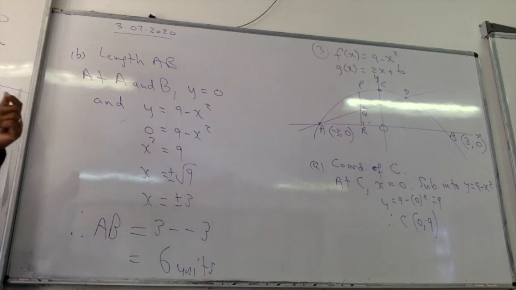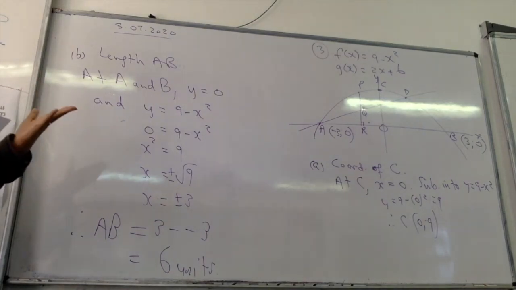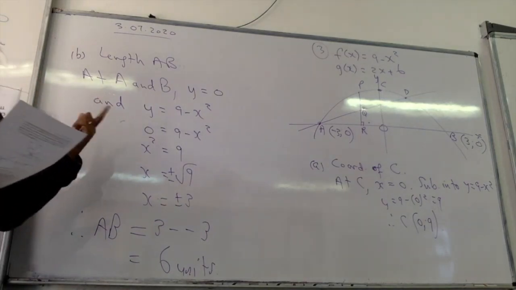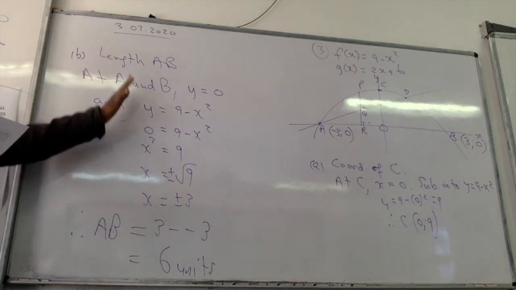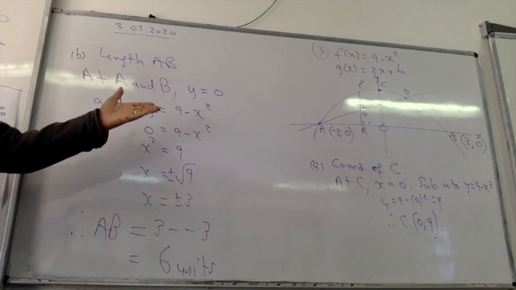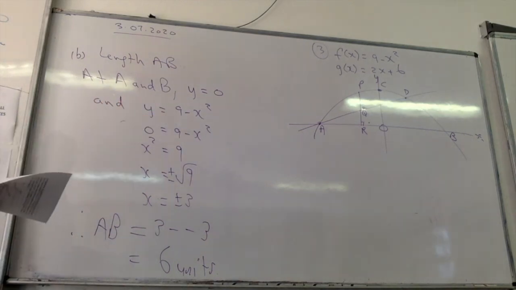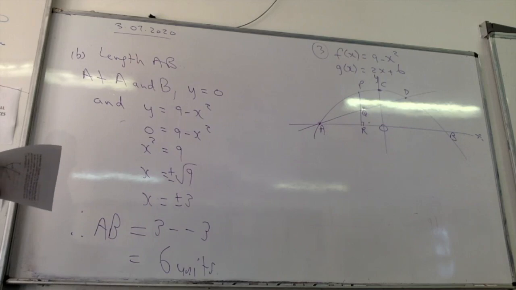But do you think there is another way of telling what point A is? If you don't want to use this method, can we find A another way? Yes, the functions f and g. Okay, so you mean the intersection? Okay, so it's the intersection.